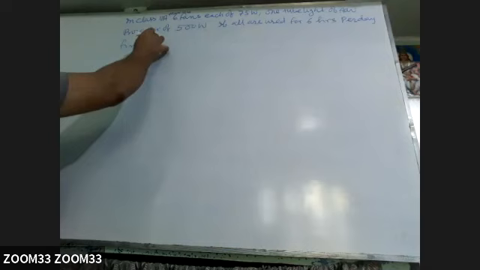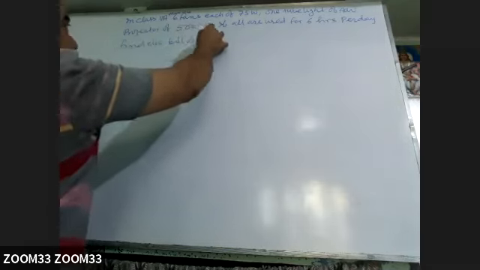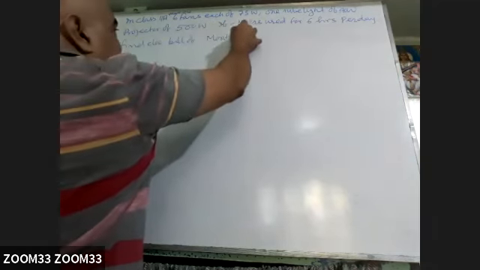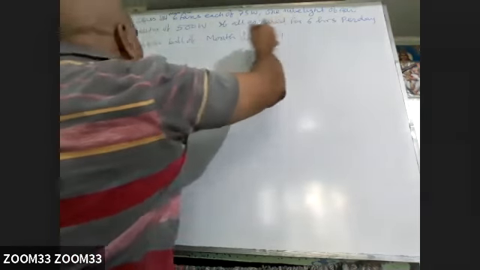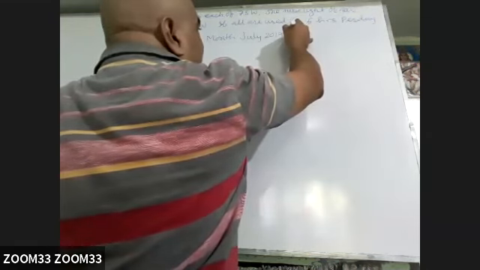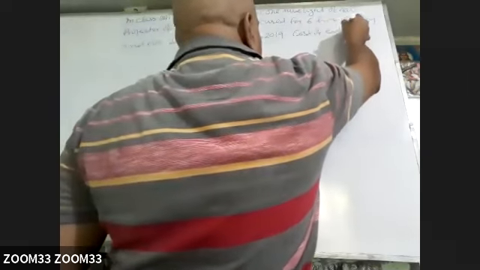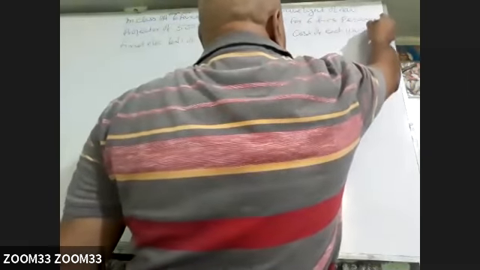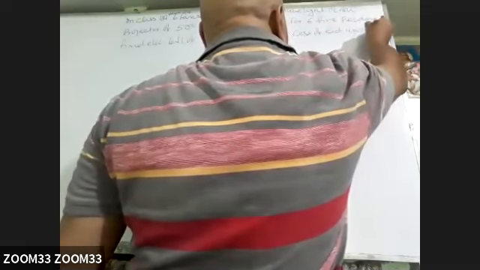Find the electric bill of the month of July 2019. Cost of each unit is 750 rupees. Suppose this is the situation. Okay, now you calculate what is the electric bill.